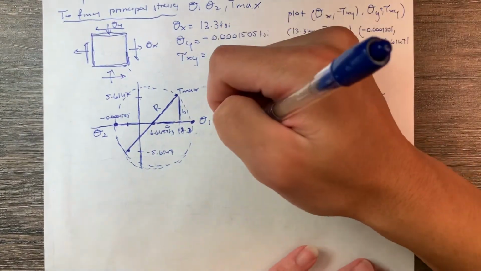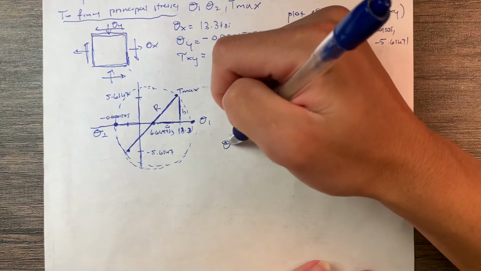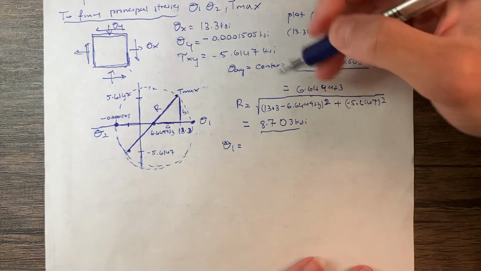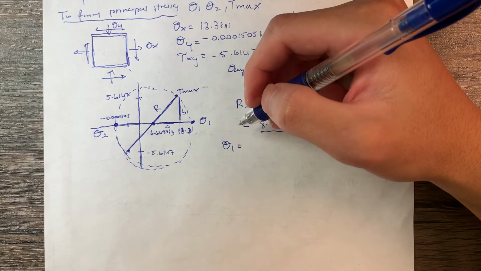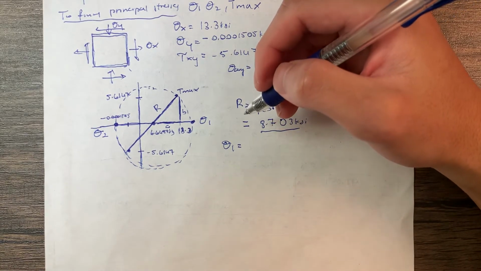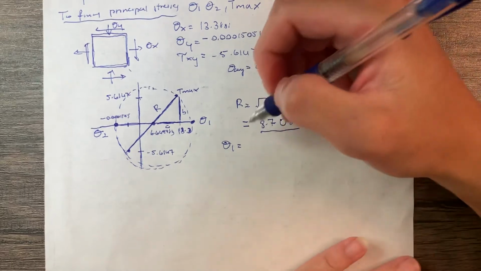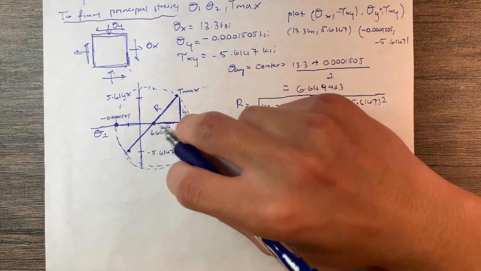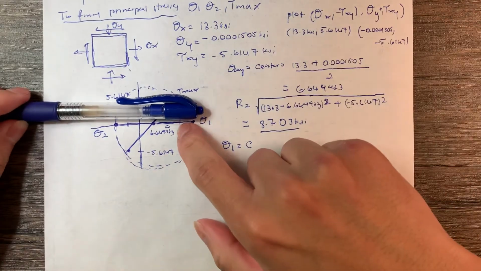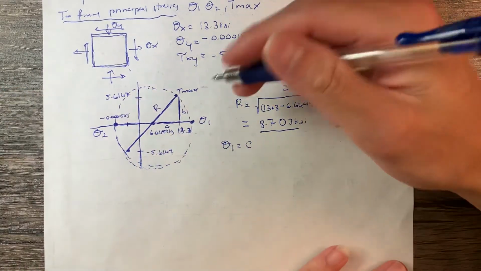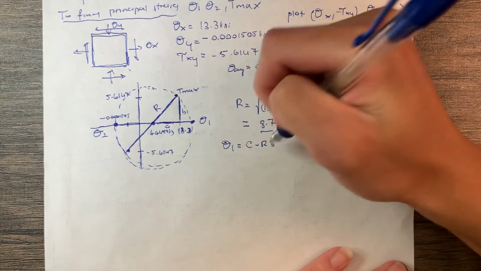To find sigma 1, sigma 1 is equal to the center plus the radius.